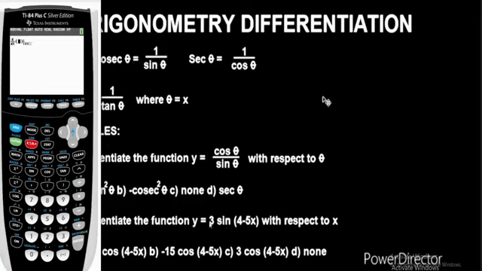Alright, so we have y equals 3 sine 4 minus 5x. Alright, so guys, you have to balance the bracket, very important.